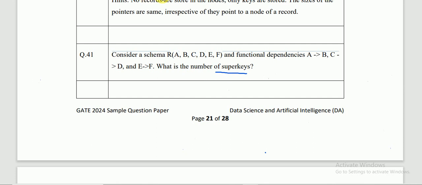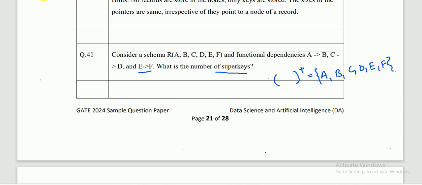If you look at the dependencies here, A determines B, C determines D, and E determines F. So what set or closure of a set will determine all of these: A, B, C, D, E, and F.